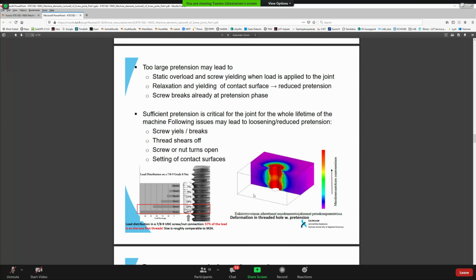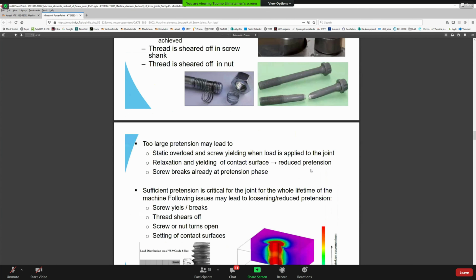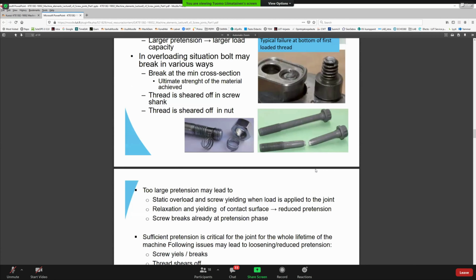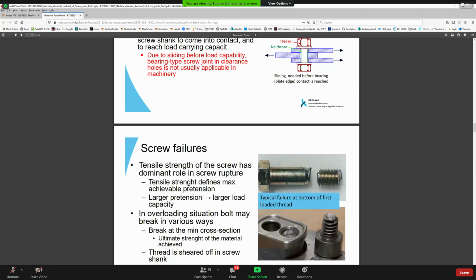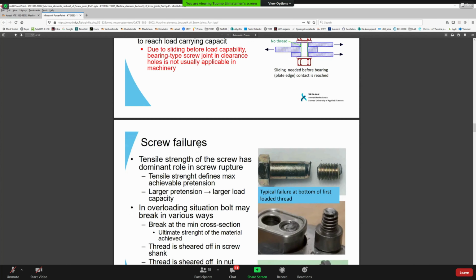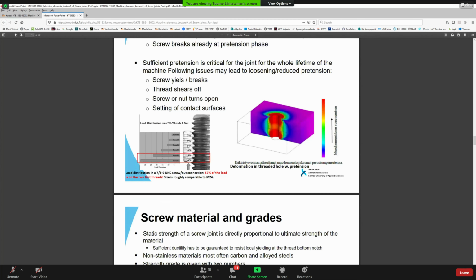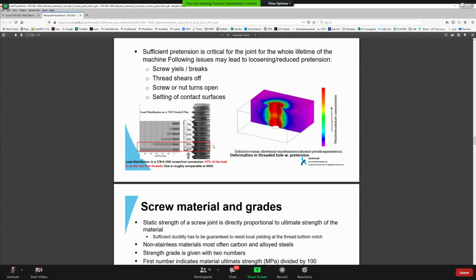And that is the reason that we can see this kind of breakage. This one has been the first thread, it's the most loaded, and then snap. The second one is 23%, and together the first and second will carry more than 50%, nearly 2/3 of the overall load. The rest of the threads have less significance in the load carrying.